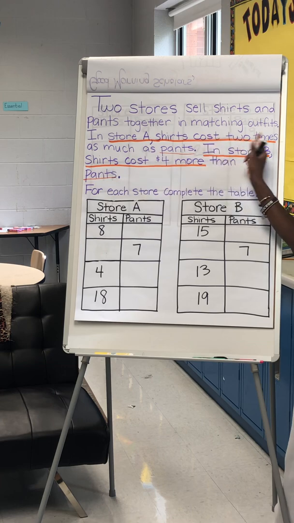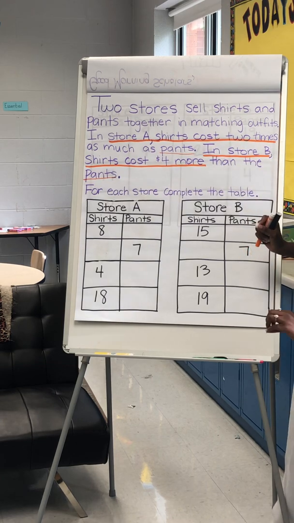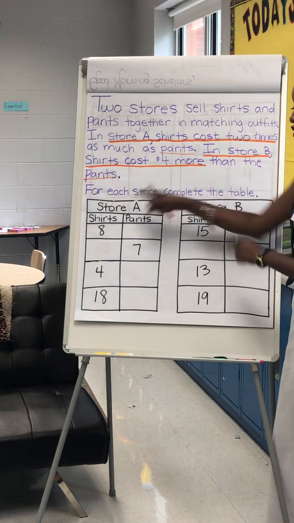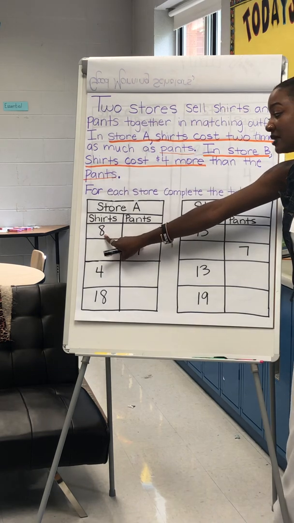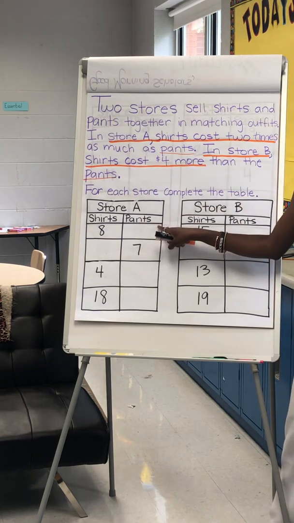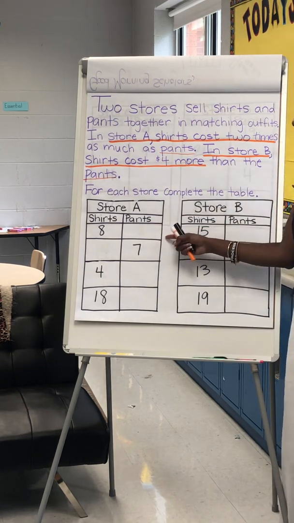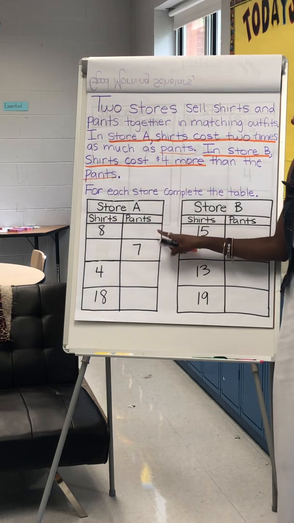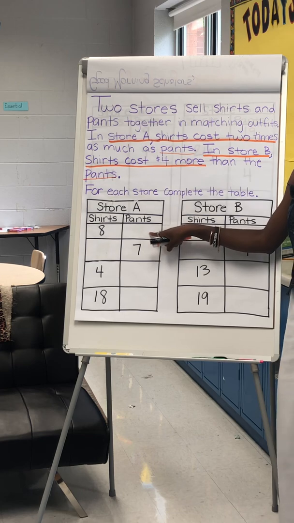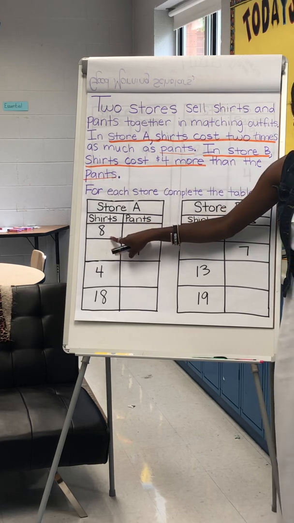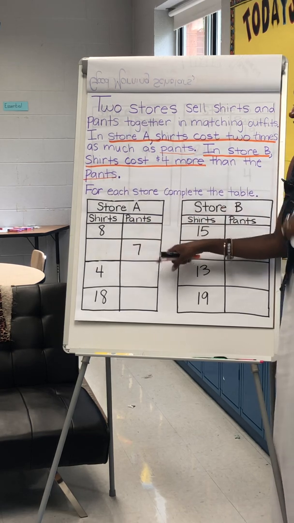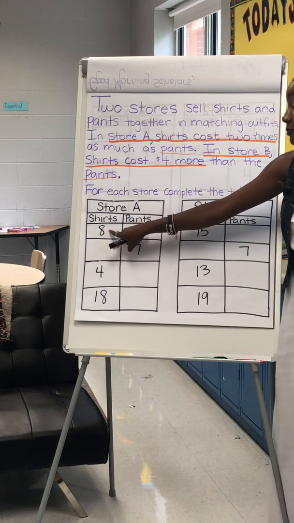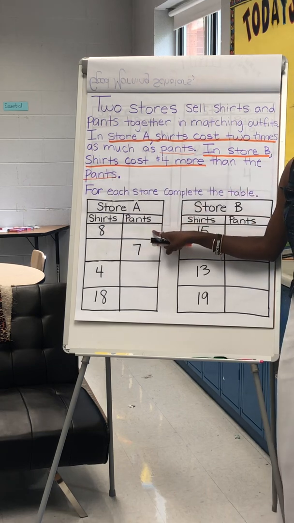Store A, shirts cost 2 times as much as the pants. Well, I'm missing the pants. How in the world could I find this out? I can either ask myself, something times 2 equals 8, or I can ask myself, 8 divided by 2 equals something.